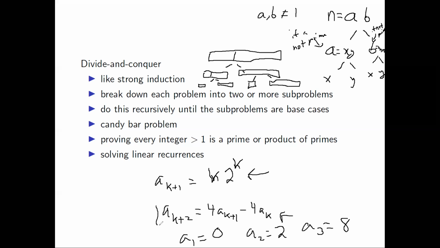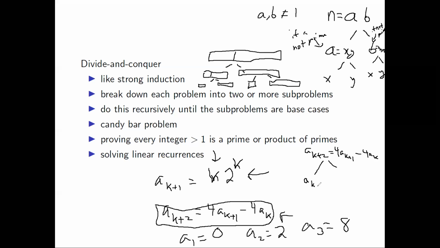But if we wanted to prove that this held in general, we would take that a sub k plus 2, and we know that's equal to 4 a sub k plus 1 minus 4 a sub k. So if we're trying to prove that its value is k times 2 to the k, then we're just using the values for the previous ones.